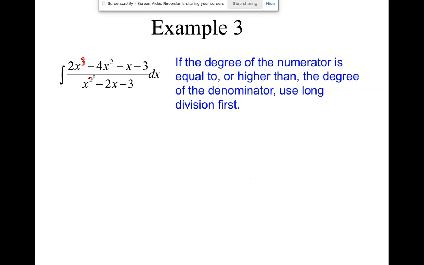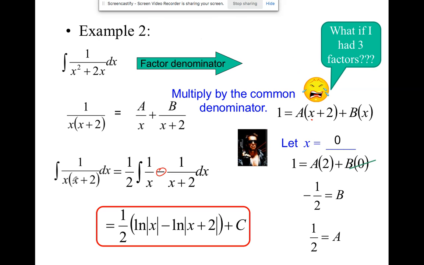The degree of the numerator has to be smaller than the denominator for partial fractions to work. So let me go back and verify. Example 2, I had an x to the 0. 0 smaller than 2.